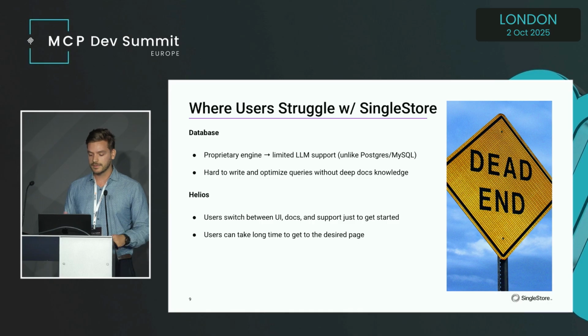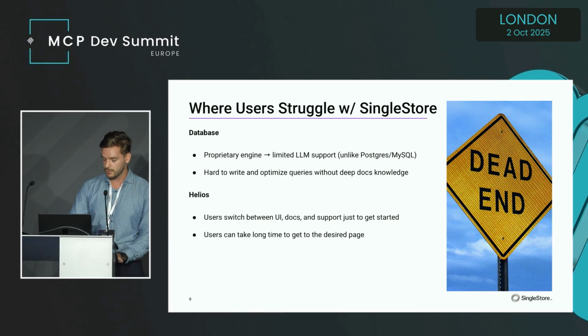Sometimes they will hallucinate when the user is asking something specifically about your own product, and it's easier for other open source technology like Postgres or MySQL, for users to onboard and start using because it's publicly available. There's a lot of content out on the internet for it. So this was one of the problems that we identified.